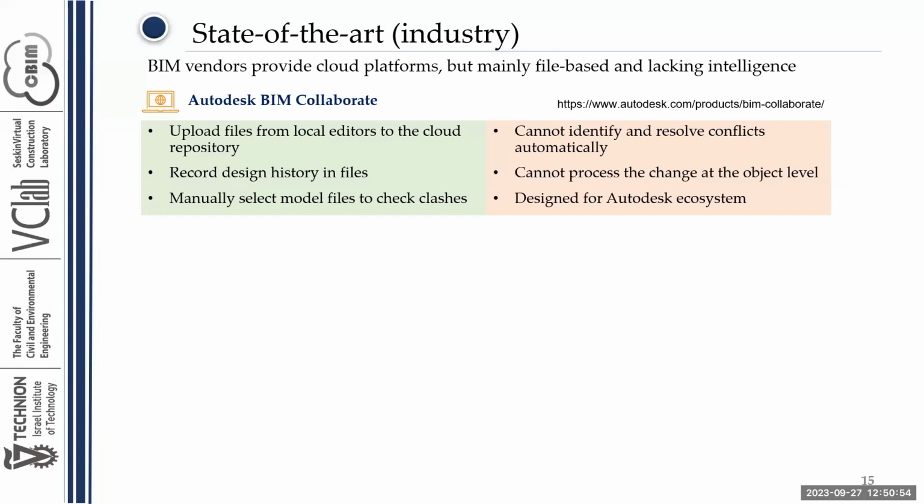And they cannot help you process the design versions at the object level, meaning that sometimes even if you just modify one parameter of the wall, you need to sync the whole model. Like the size of the model could be more than 1 gigabyte sometimes.